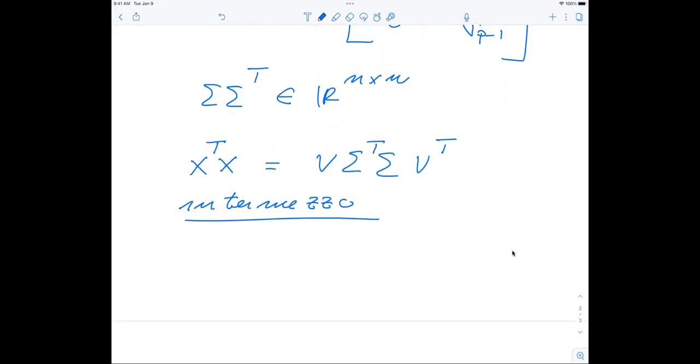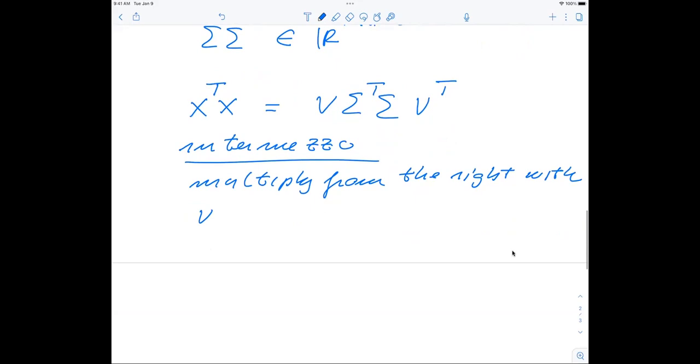I could multiply from the left or from the right with the matrix V. Let's do it from the right with V. So what I will have then is X transpose times X multiplied with V, and that's equal to V times Sigma transpose times Sigma.